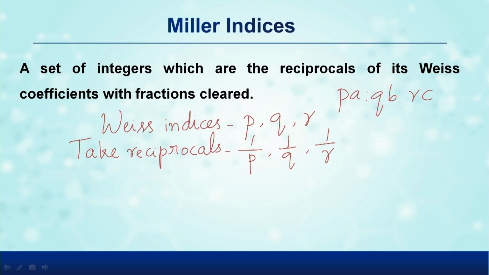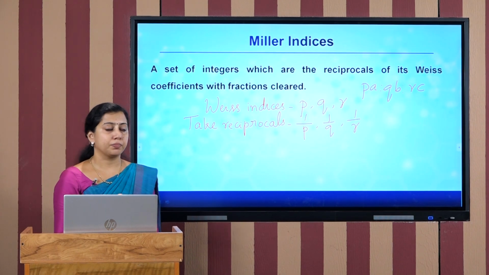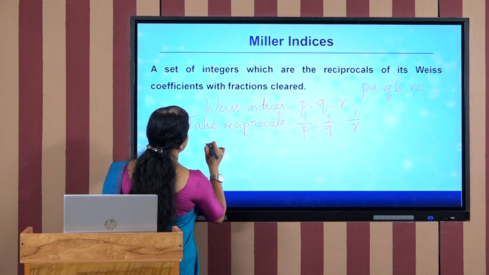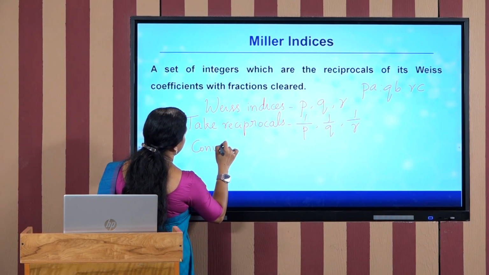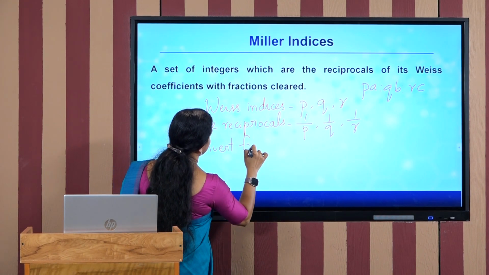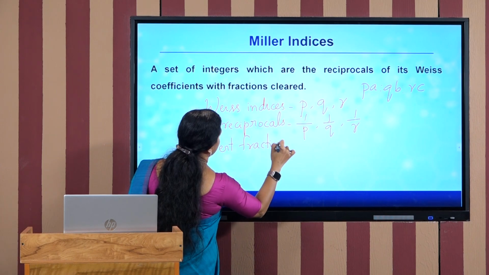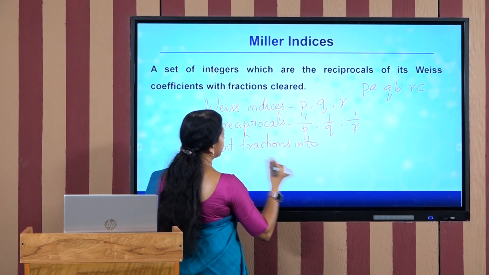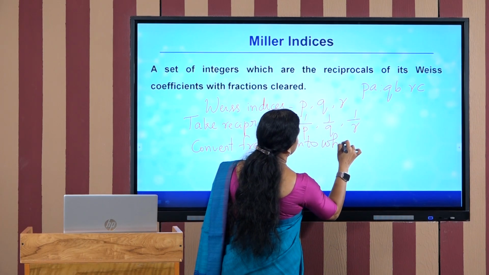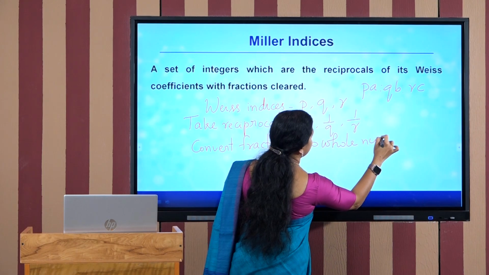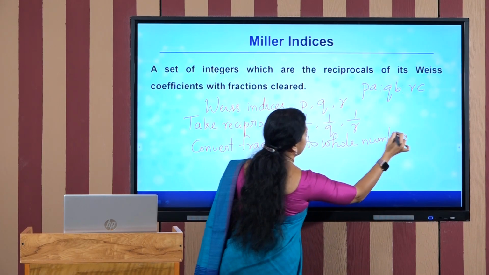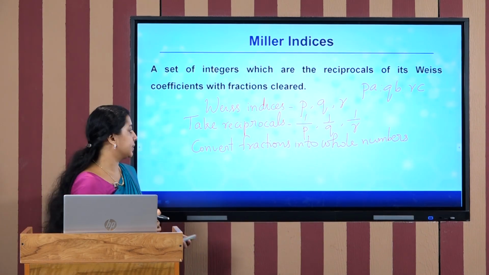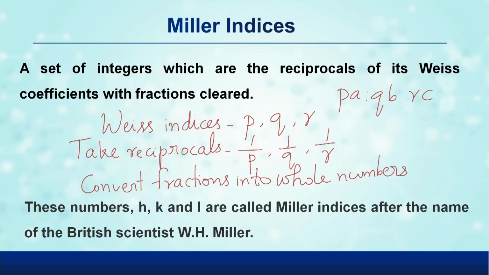Now, if we convert these fractions into suitable whole numbers, that will result in a set of integers, and that set of integers is known as Miller indices. Miller indices are generally denoted by the letters H, K and L.